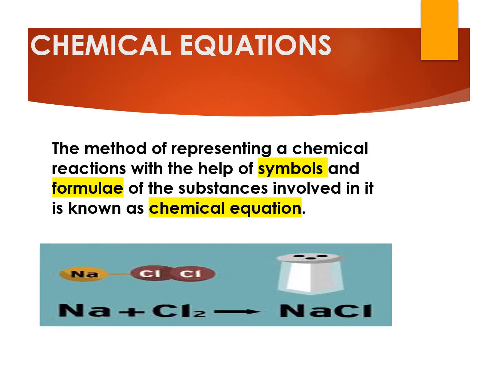I would like to again remind you that the name of our lesson is Chemical Reactions and Equations. Till now we have studied that a chemical reaction is a chemical change in which two or more substances react to form a new substance with entirely new properties.